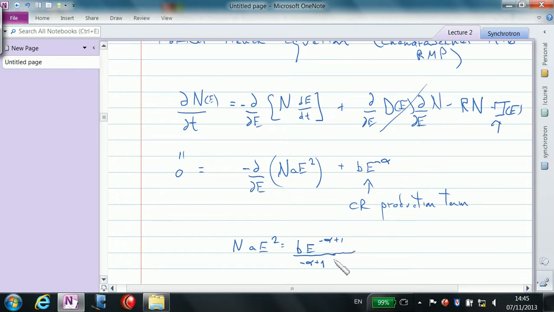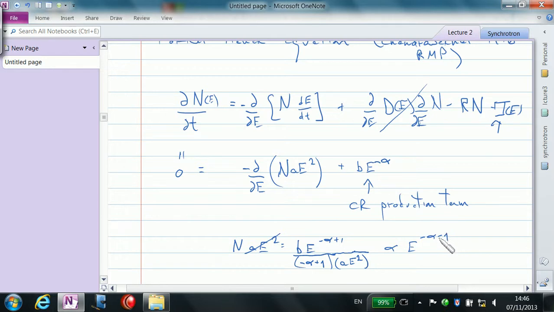And then I divide by A E squared, right? To get n. So anyway, this is proportional to E to the minus alpha minus 1.